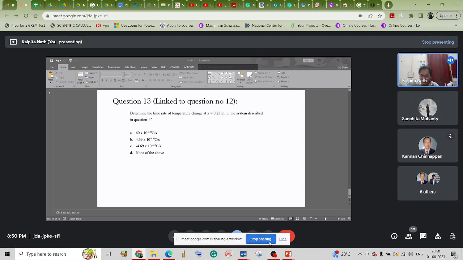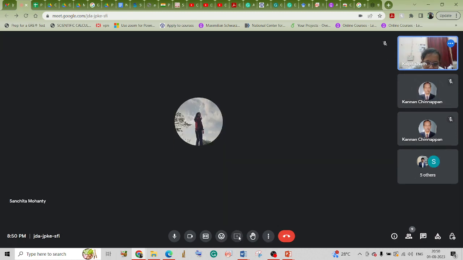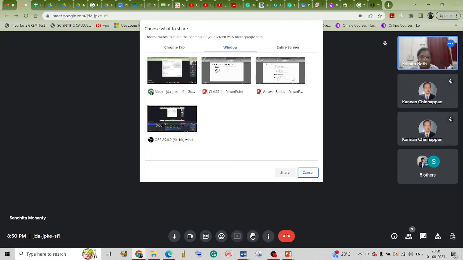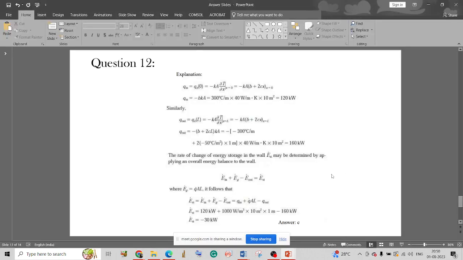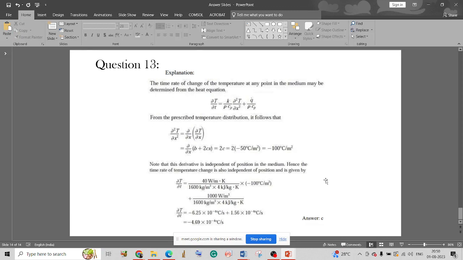Let me share the solution now. Solution slide is visible, right? Yes, ma'am. First, as I've already said, we will take the heat conduction equation.